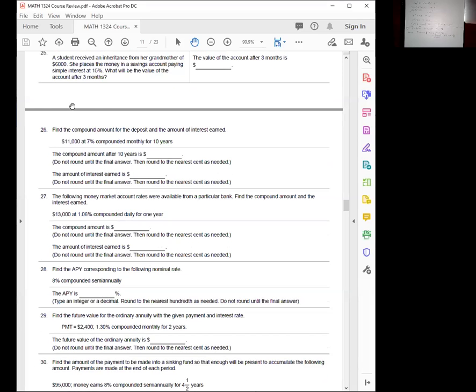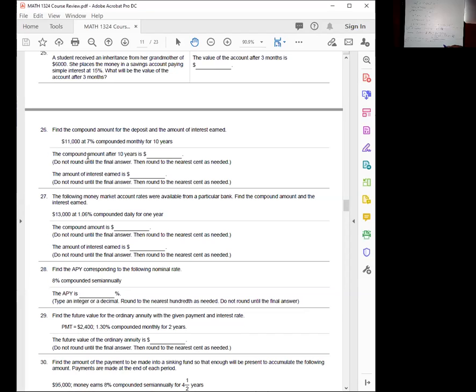Okay, 26 is compounded monthly. So this one is the monthly compounding formula. Okay, so let me write down all that info for 26. 26 will be principal, 11,000. The rate is 0.07. Compounded monthly for 10 years.